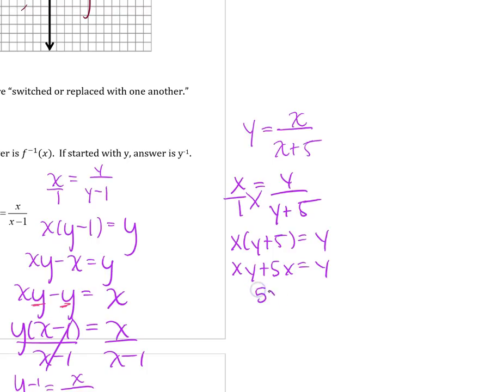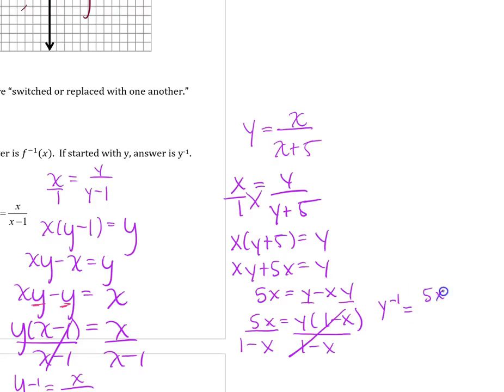So maybe I'll just leave the 5x over here and do y minus xy. I'll factor out the GCF of y, and then just divide by 1 minus x. So this is one where I did not get the exact same function back, so it's more exciting. So y inverse equals 5x over 1 minus x.